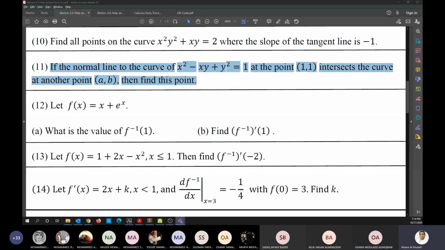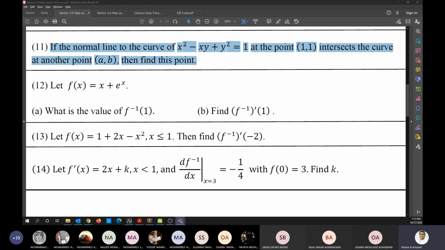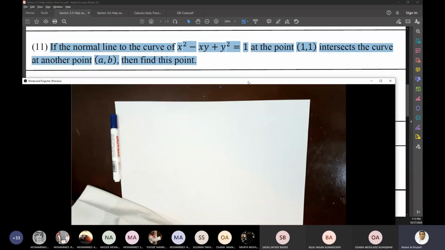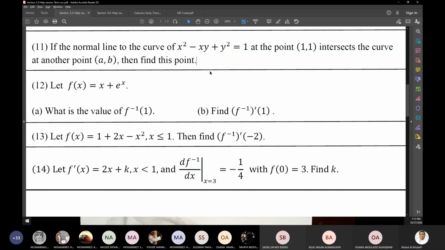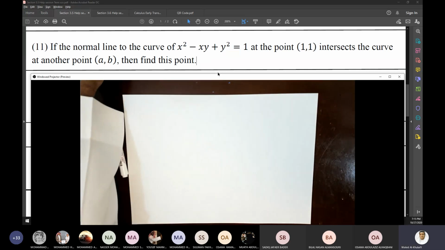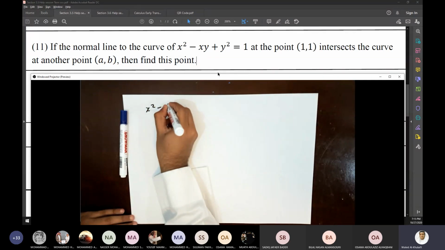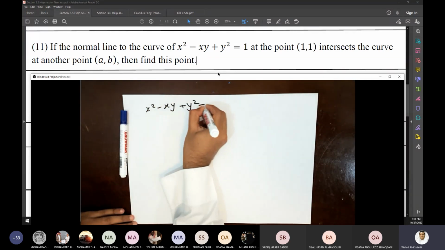طيب يا Mr. Okay, now let's do it here up a little bit. Oh, not this one. Sorry. Okay. We have this curve, x squared minus xy plus y squared equals 1.